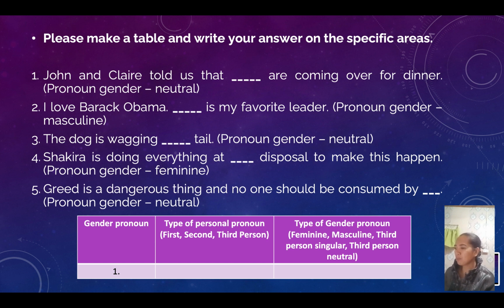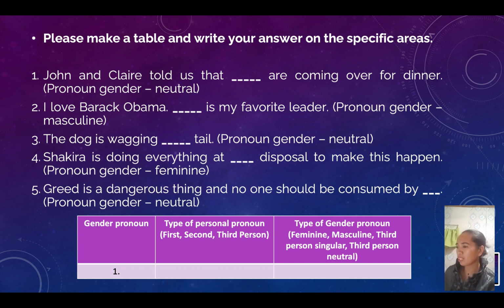Okay? Number 1. John and Claire told us that blank are coming over for dinner. Number 2. I love Barack Obama. Blank is my favorite leader. Number 3.